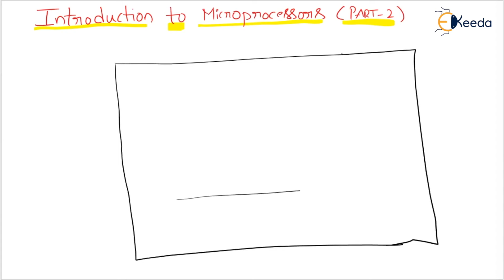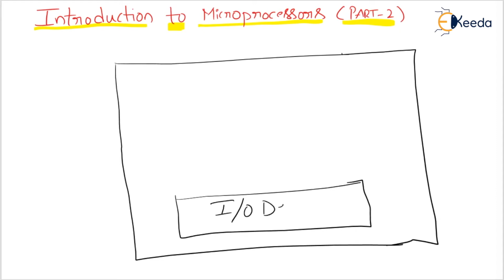What are the IO devices? Input output devices. Input devices are the keypad and mouse. We give input here and we get output through the monitor and printer.